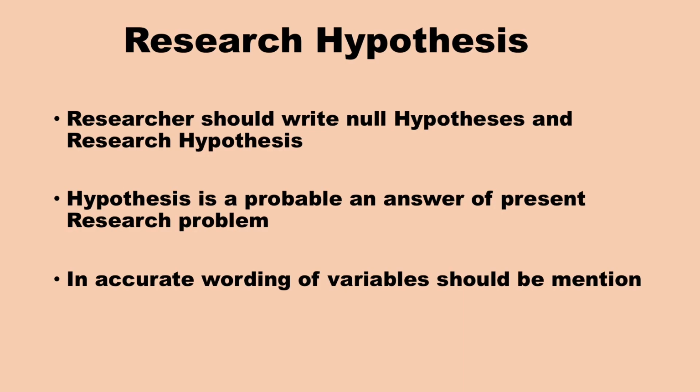So friends, the next point is hypothesis of the research. There are basically two types of hypothesis. Actually, there are many types, but basically a researcher can use two types. First, the research hypothesis, which is positive, and second, the null hypothesis, which is negative. Null hypothesis means there is no significant difference between pre-test and post-test.